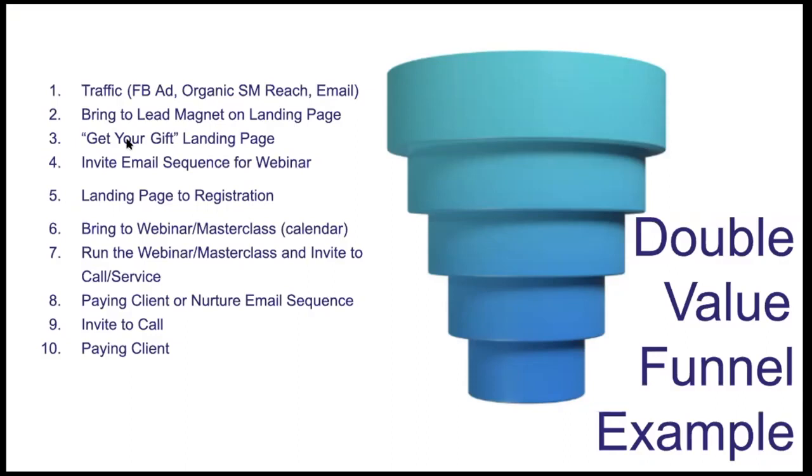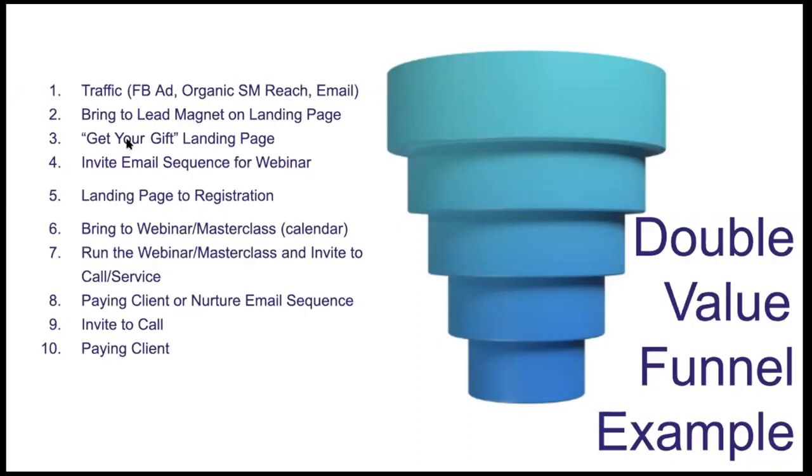Okay, the double value funnel is ideal for the person who does have a high ticket program. And this is designed to give the person love. You give them several touch points. So first of all, you're normally going to find them from Facebook.